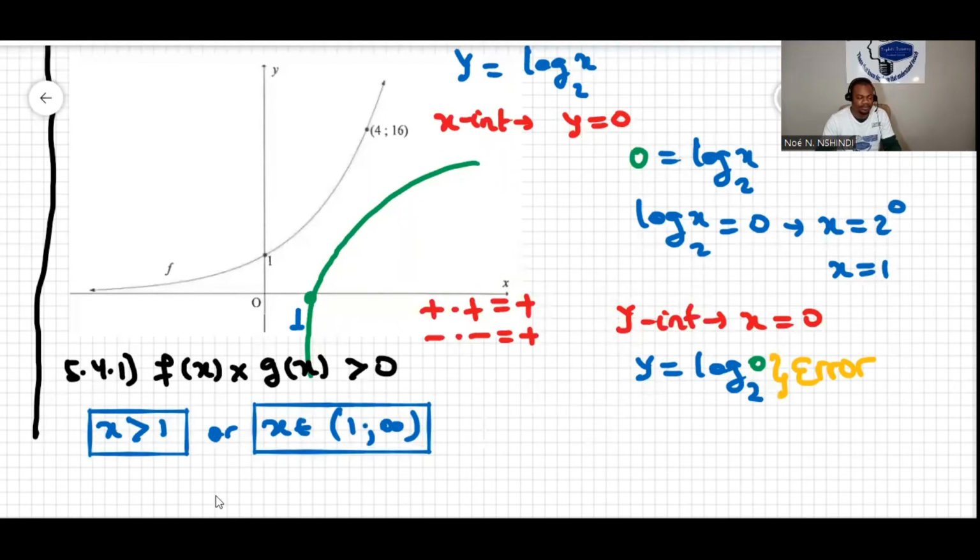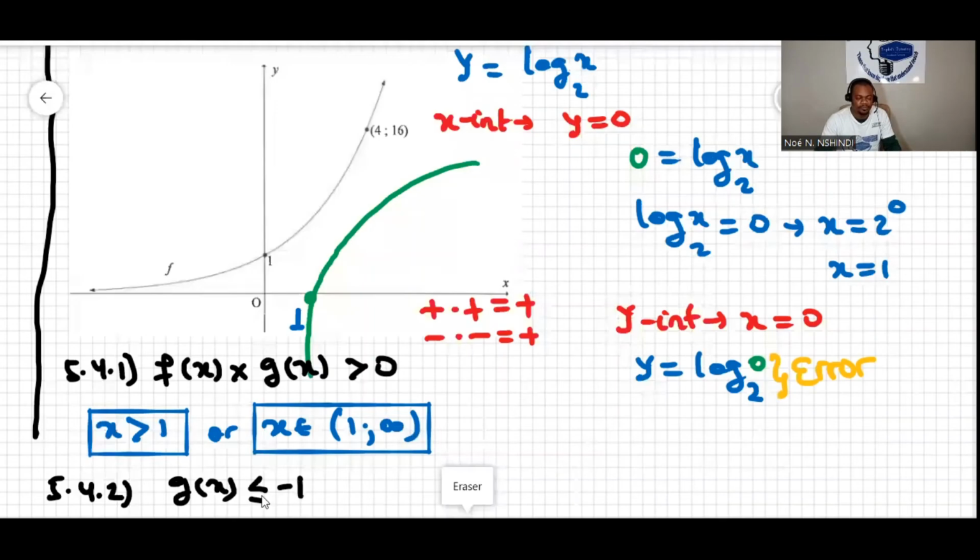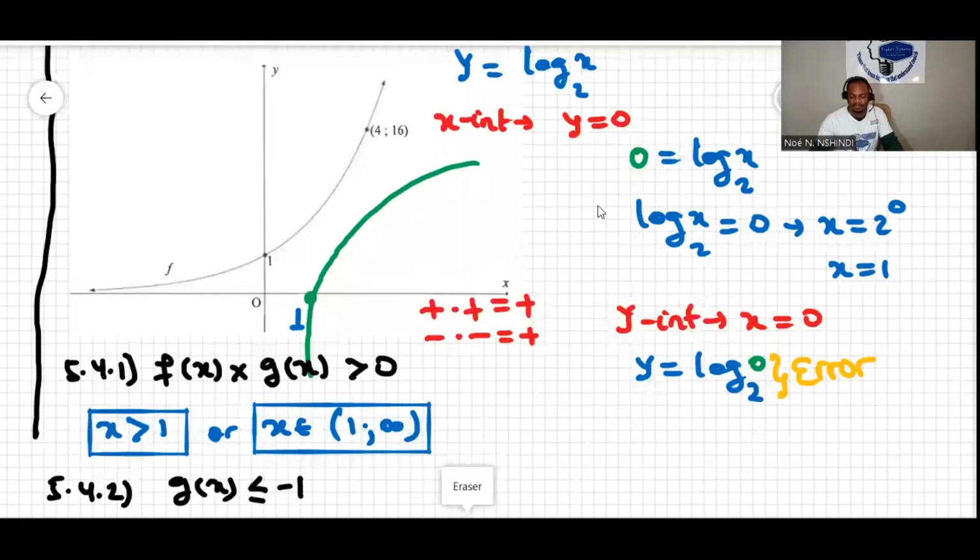Okay, and then 5.4.2, it says g of x is less than or equal to -1. All right, how can we do this one? Less than or equal to -1 is like g of x plus 1 will be less than or equal to 0.